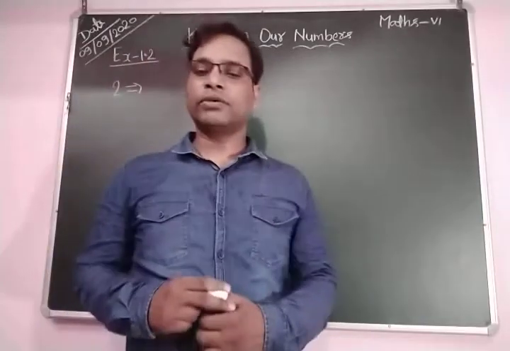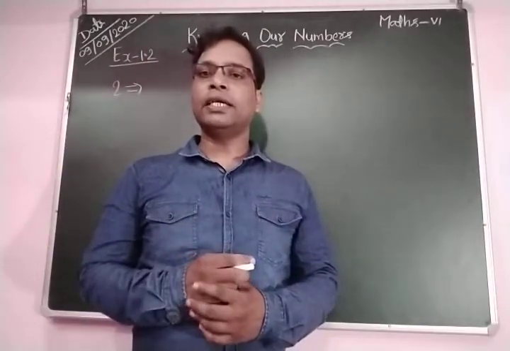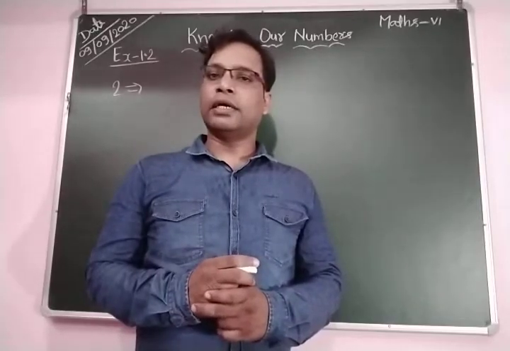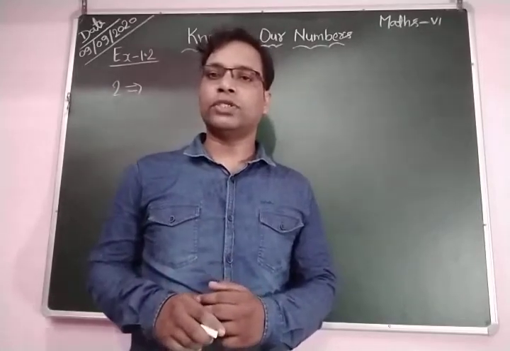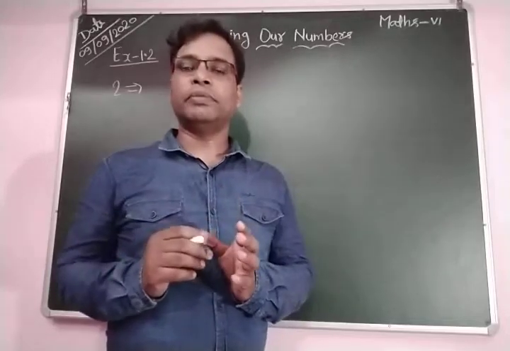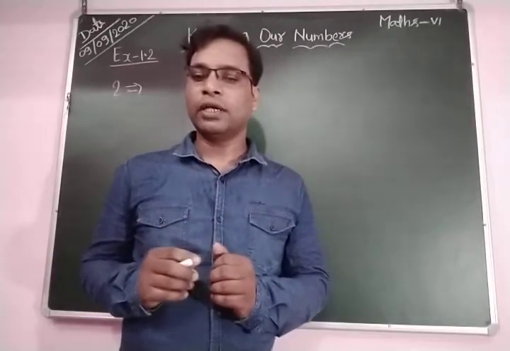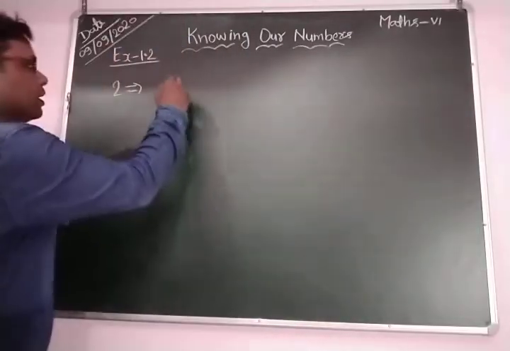In this question number 2, first you write runs to achieve by Sekhar. So runs to achieve is equal to 10,000, because Sekhar wishes to complete 10,000.